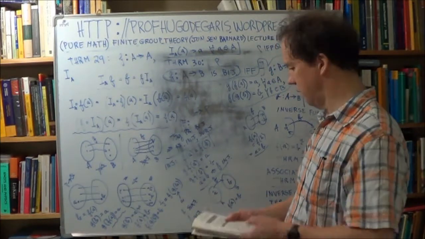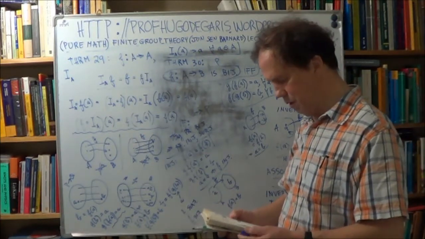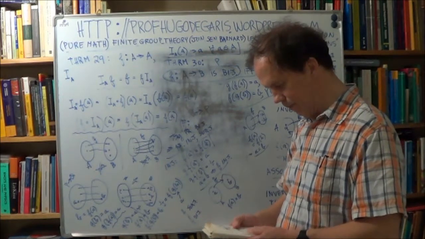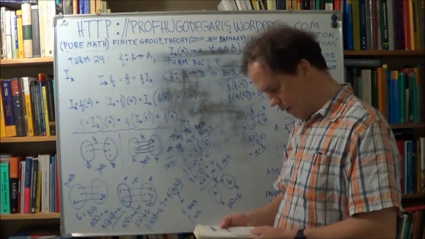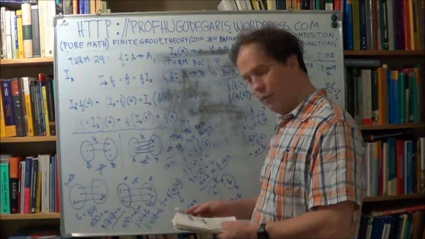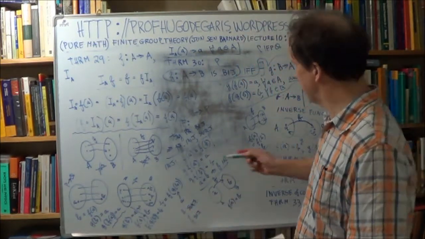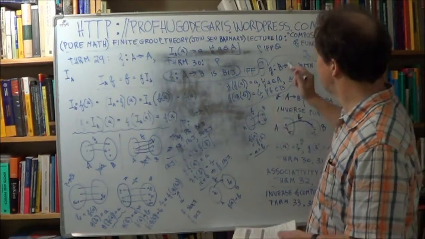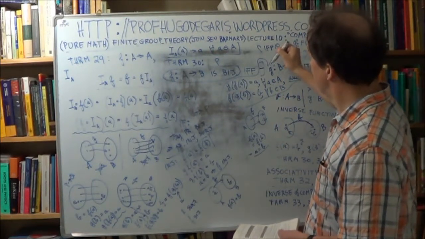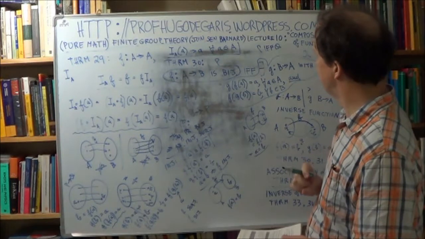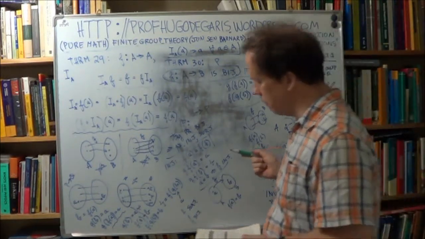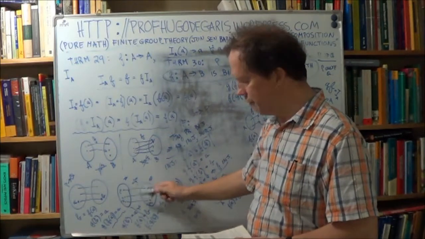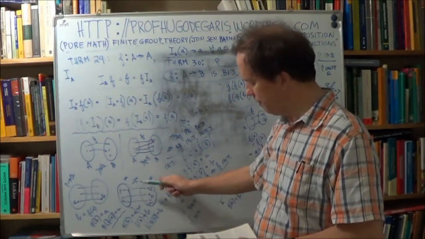Okay. Now I'll need to clean the board. Alright. But before I do, I'll just make a statement. I can now label this function G that takes you back along a bijective path, if you like, in a sense.